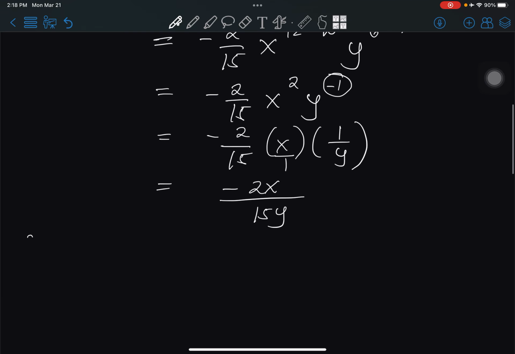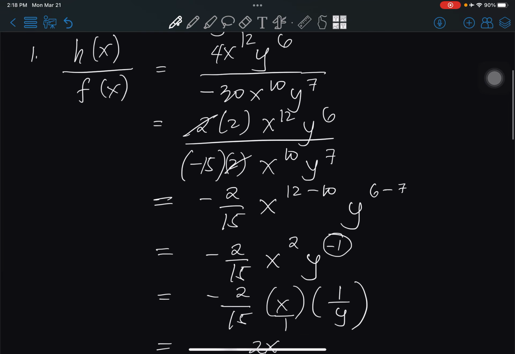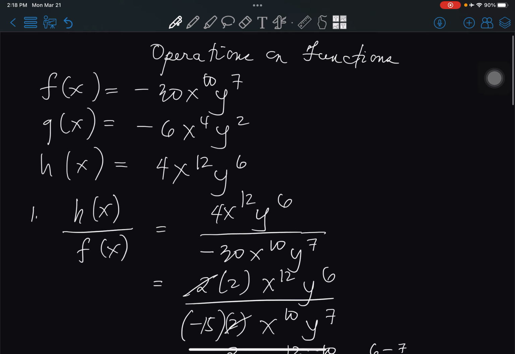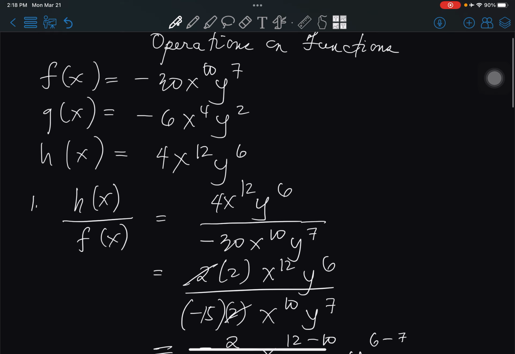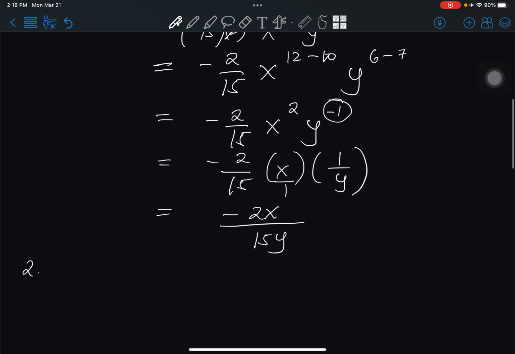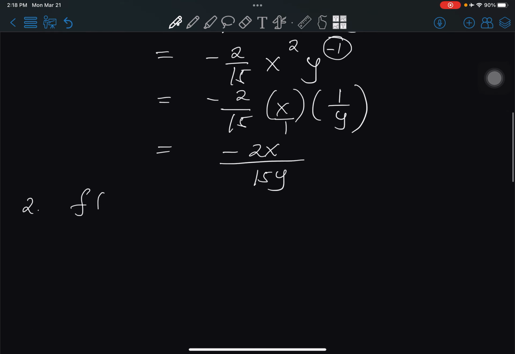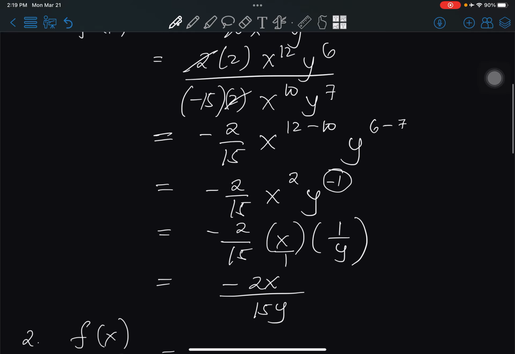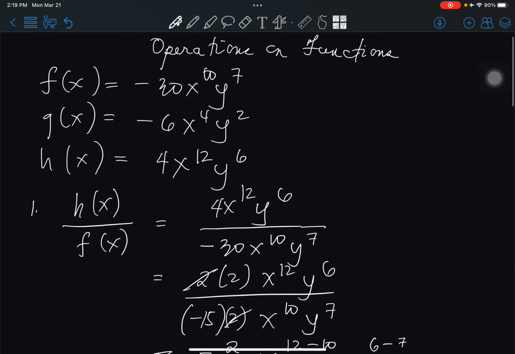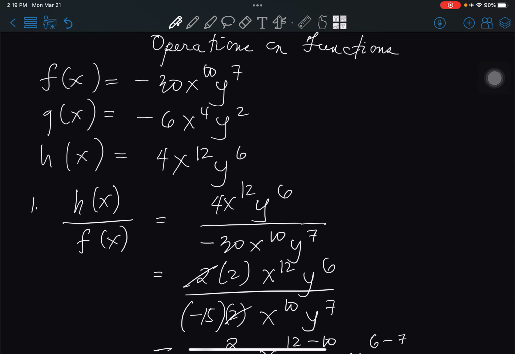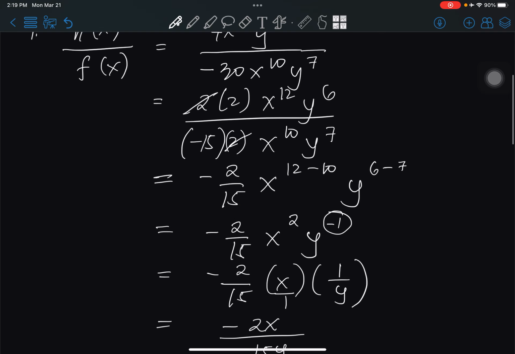Let's have our second example. Let's say we are going to divide f of x by g of x, okay? f of x will be divided by g of x. So here, let us copy your f of x. Your f of x is minus 30 x to the power of 10, y raised to the power of 7.